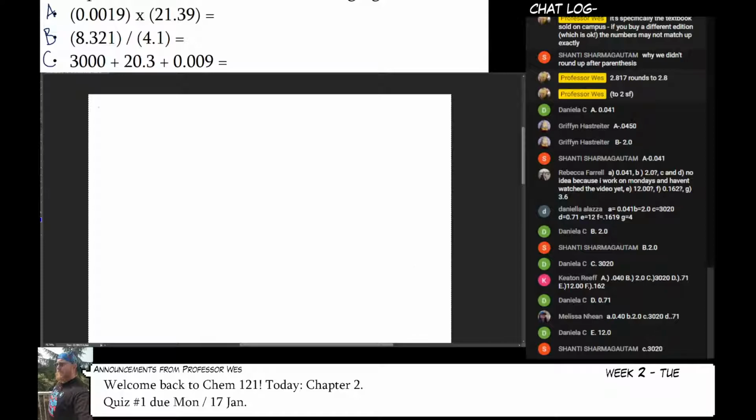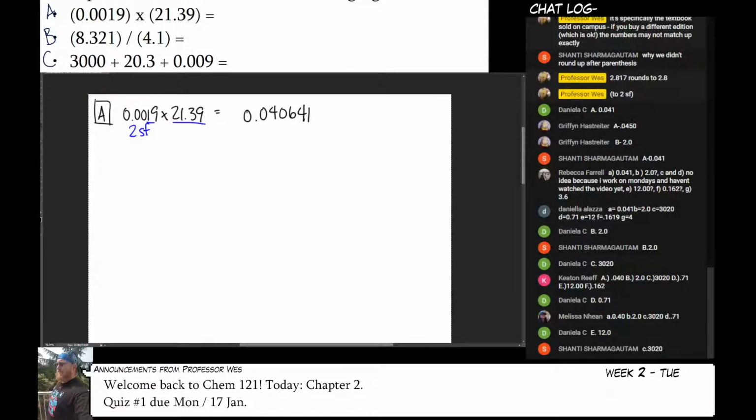So for problem A, I just type those into the calculator, and when I do that, I get this for my result. Now, how many significant figures should each value have? This first one here has 2 sig figs.